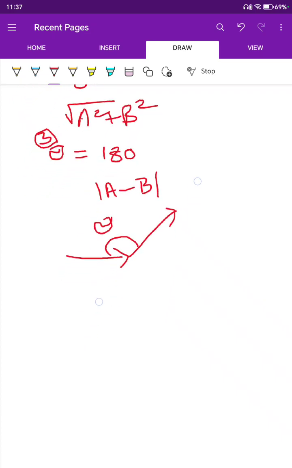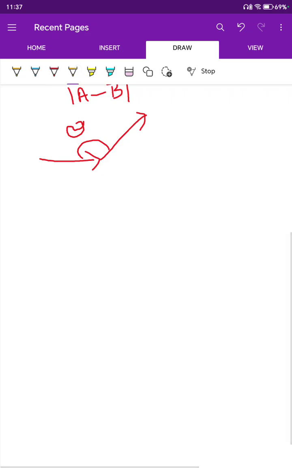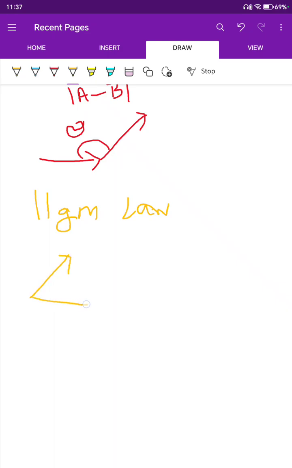Okay, so next we will see the polygon law. No, first is the parallelogram law. So what does the parallelogram law of addition of vectors say? If we have two vectors, suppose a vector and b vector, the law says to make a parallelogram with these vectors, like this.